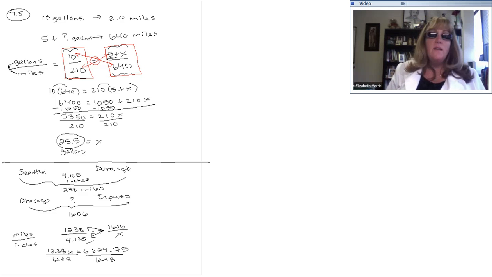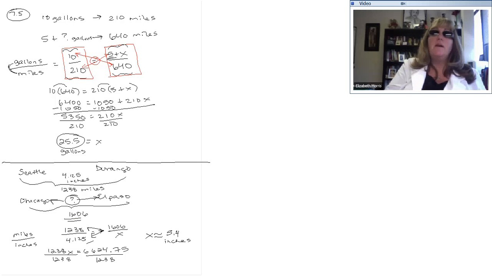And you get x is, this means approximately 5.4. So it's approximately 5.4 inches apart between Chicago and El Paso to represent 1,606 miles. Okay? All right. That's one type of application.